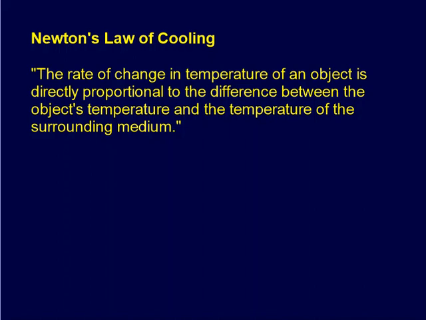And again, I think you've all experienced this. The theory behind what's happening is the rate of change in the temperature of an object, presumably a hot object in a cooler environment, is proportional to the difference between the object's temperature and the temperature of the surroundings.